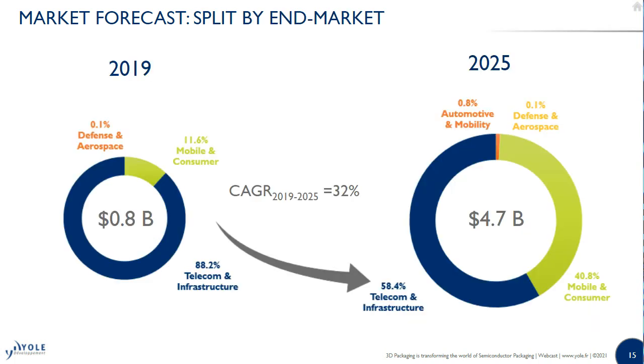So moving on to the next slide, you can see this is the further breakdown of the different end markets. The biggest market for 3D packaging comes from telecom and infrastructure, accounting for more than 50% of the market share from 2019 to 2025.